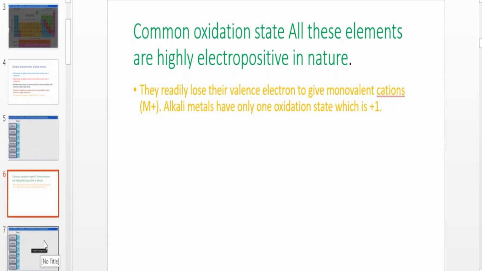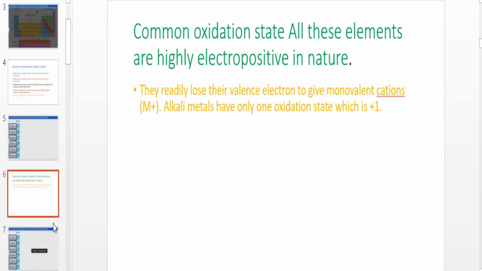Next, we shall study the common oxidation state of these alkali metals. See, these alkali metals are highly electropositive in nature. All these alkali metals are highly electropositive in nature. You know what electropositivity is? It is the tendency to lose its valence electron.